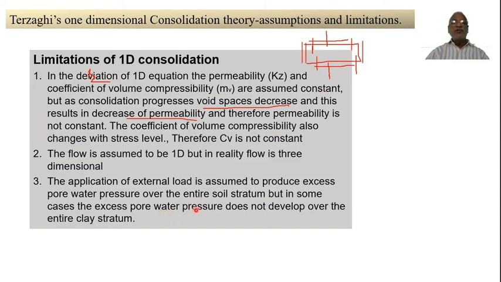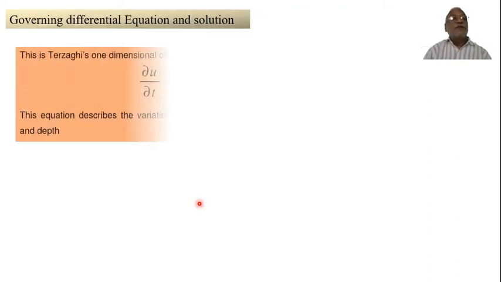Here what is assumed is everywhere, whether it is on the top, mid level, bottom level, the pore water pressure remains the same. That is not true, practically speaking, right? Means not only is it not the same, but it may not be developed at all in some areas, right?